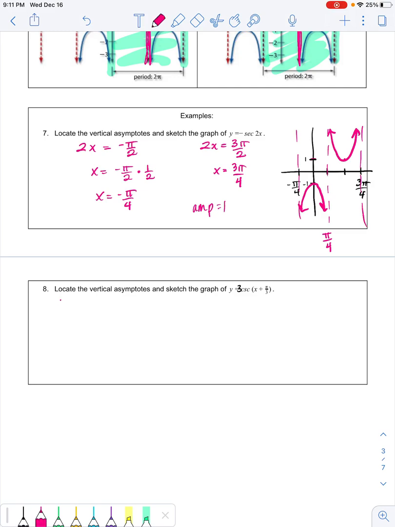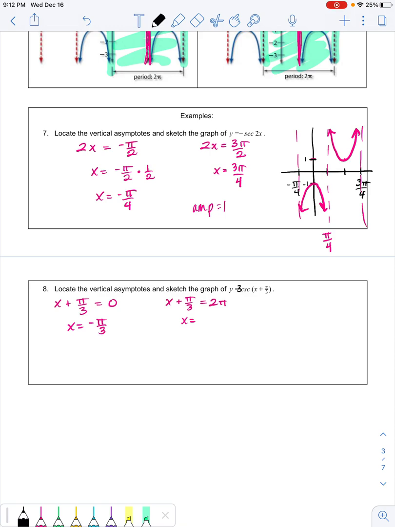So take your bx plus c, set it equal to, this is cosecant, so we're going to use 0 and 2 pi, and solve. First asymptote is going to be negative pi over 3. Second asymptote, maybe you need to do a little work for this.